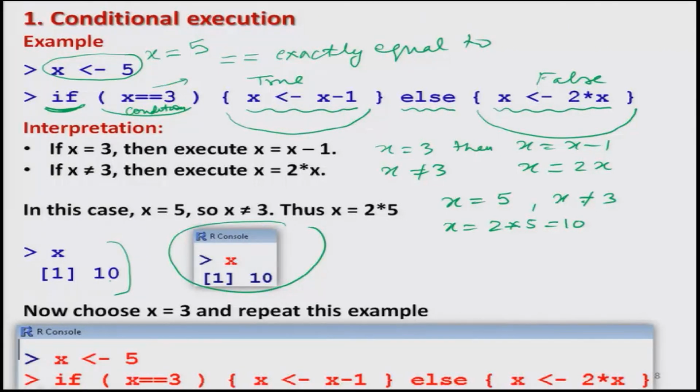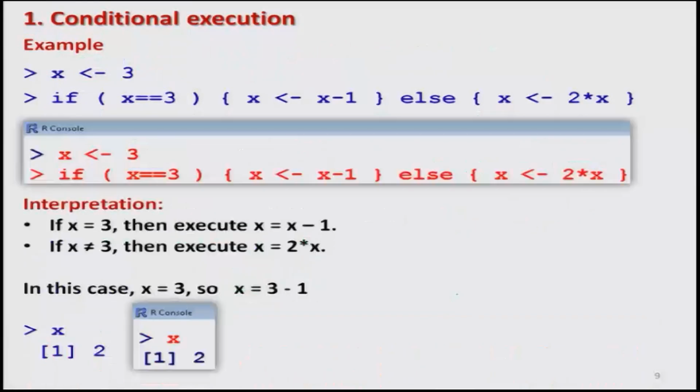Similarly, if I take x equal to 3, I would request you to follow this slide and execute the same statement and understand that if x is equal to 3, then operate this thing; if x is not equal to 3, then operate the other. The outcome will be x equal to 2.